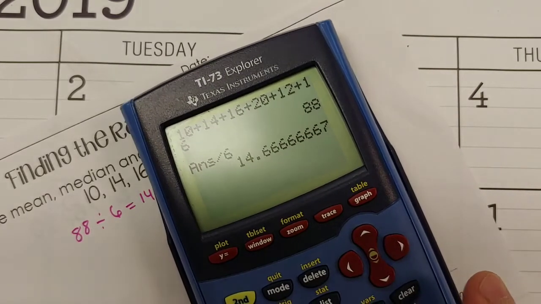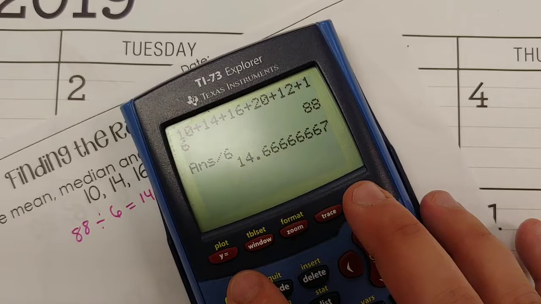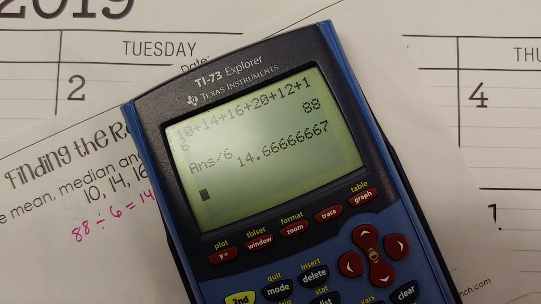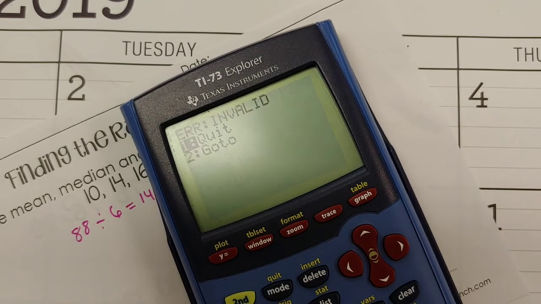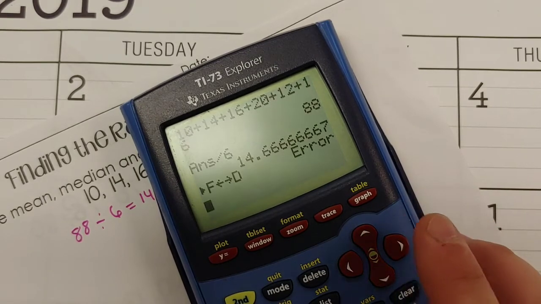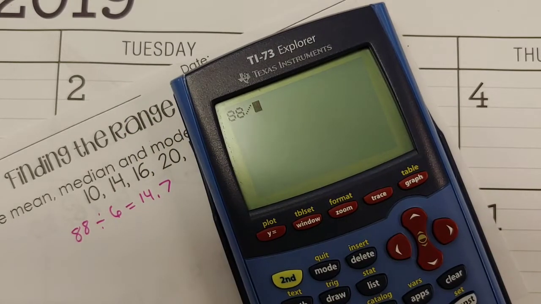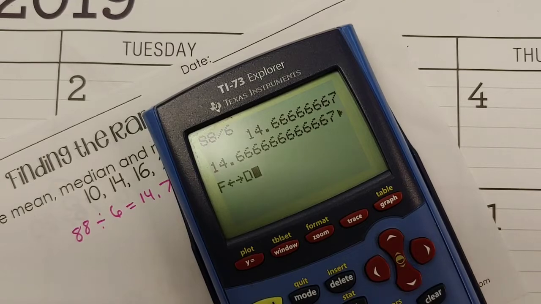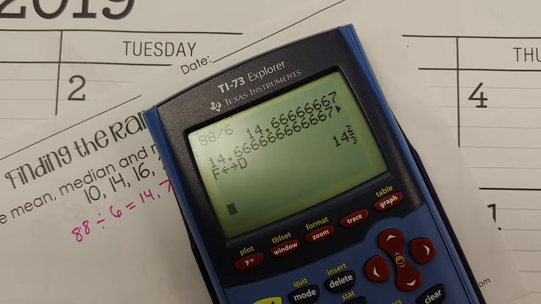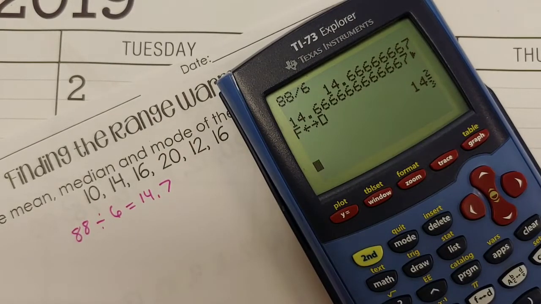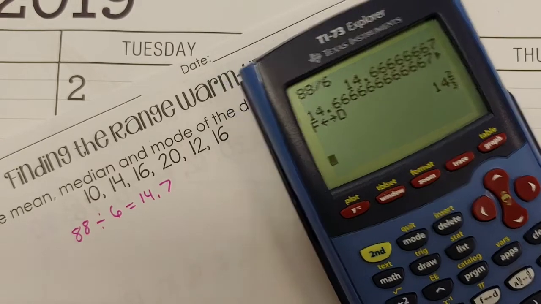Also, if we wanted to put that in fraction form, which is what we'll probably go ahead and do, second, fraction decimal, excuse me, just the fraction decimal button, sorry. 88 divided by 6, fraction decimal, there we go. 14 2/3. Sorry about that. So our mean is 14 2/3, or 14.7.